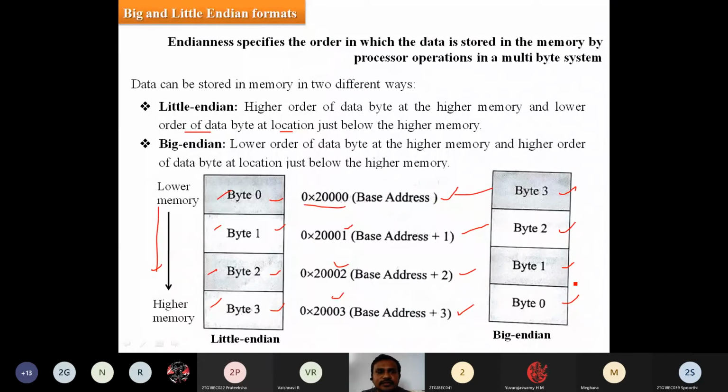Got this concept? Big Endian and Little Endian formats. Yuvraj Swami? Yes, sir. Okay. So how is the 4-byte data stored in the Little Endian format?